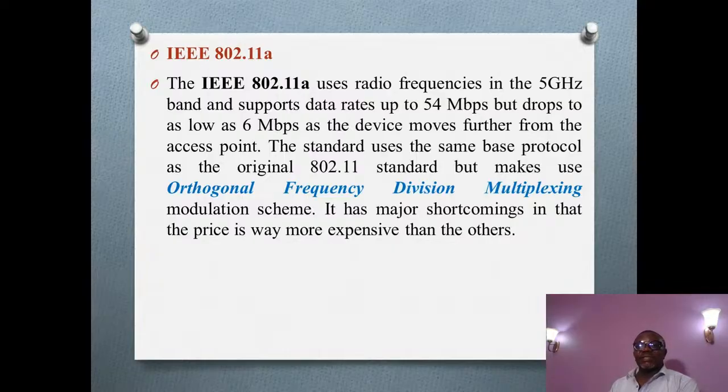This standard uses the same base protocol as the original 802.11 standard, but makes use of OFDM, orthogonal frequency division multiplexing, which we can also see in my lectures on module 026. It has major shortcomings in that the price is way more expensive than the others.